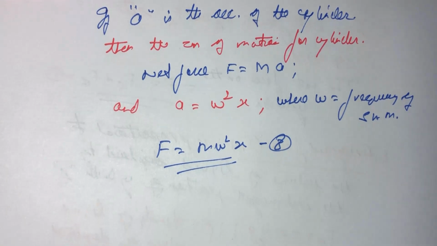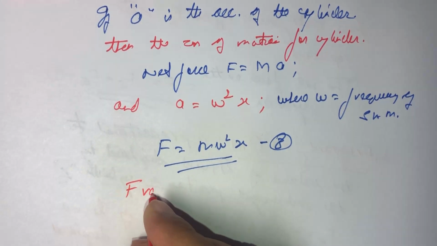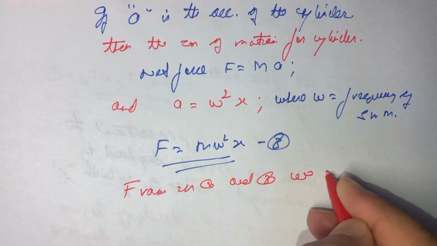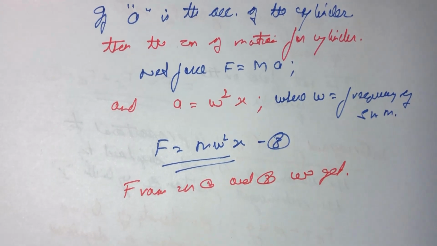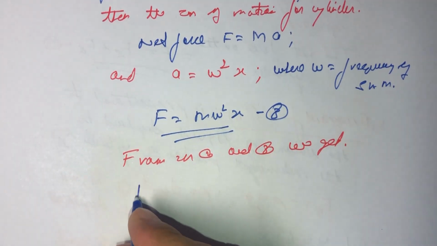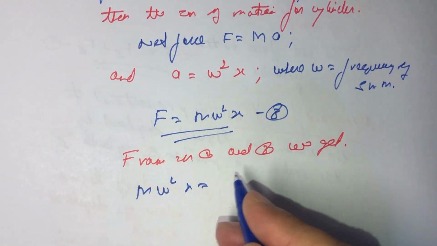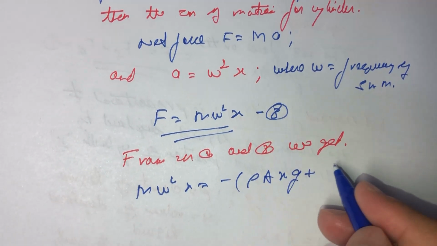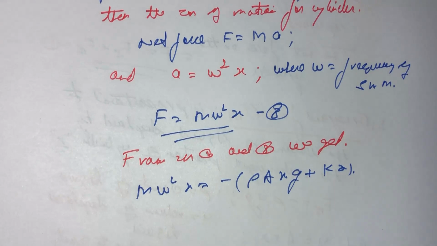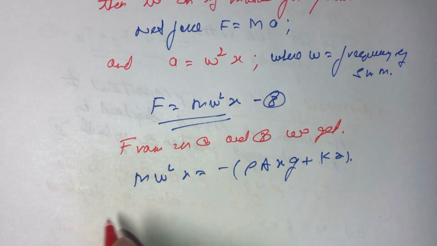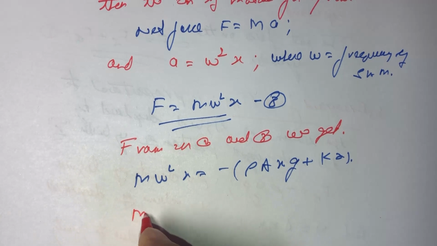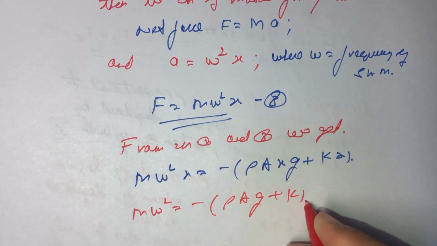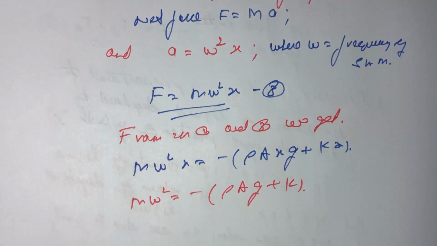So from equation 2 and 3 we get m omega square x is equal to minus rho a x g plus kx, or m omega square is equal to minus rho a g plus k.